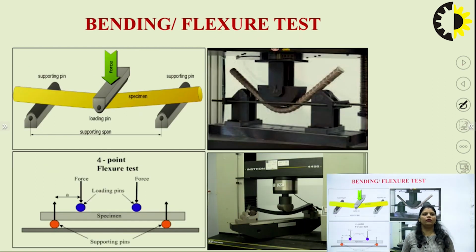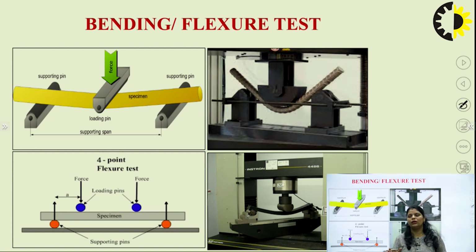Now we come to the bending test. Okay. So in case of the bending test, why are these tests performed? So if we want to know the flexure or bending characteristics or the behavior of the structural elements which are subjected to external forces, and these forces are applied perpendicular to the longitudinal axis of those elements, then in that case we will go for the bending test.